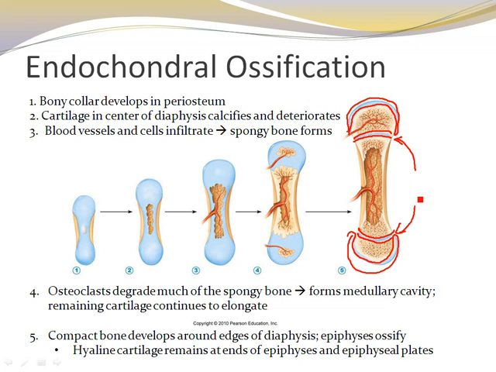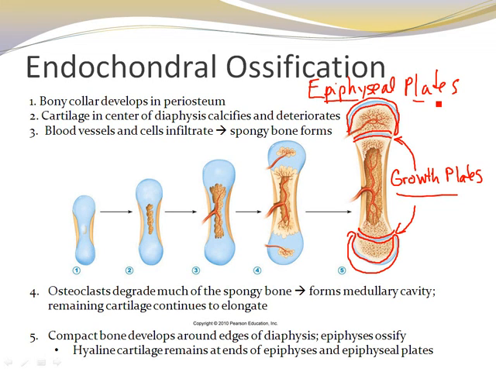Each of those little strips, those are the growth plates that you've heard about before. Another term for those, epiphyseal plates, referring to the epiphyses of the long bones. So they're located right where the diaphysis and the epiphysis come together. Little strip of hyaline cartilage tissue. And I just told you that the hyaline cartilage is where cells are actually dividing and the tissue is continuing to grow. So within those little strips, you still have growth that can take place.